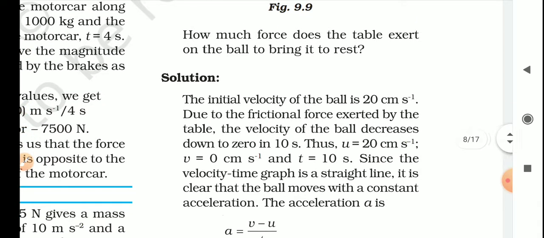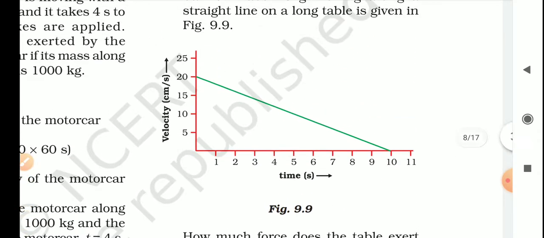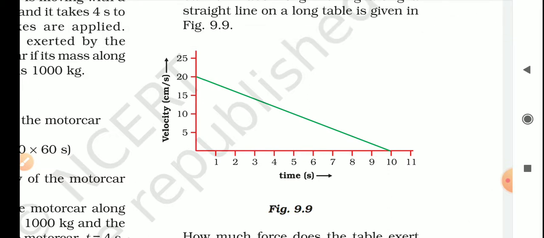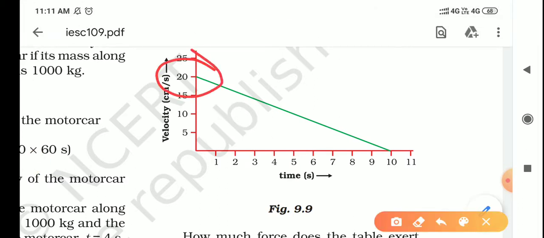The initial velocity of the ball is 20 centimeter per second. So from this graph you can find out the initial velocity and the final velocity. Velocity is given in centimeter per second and time is given in seconds. So at the beginning of the time, the velocity is 20 centimeter per second, and at the end, that is at 10 seconds, the velocity comes to 0.